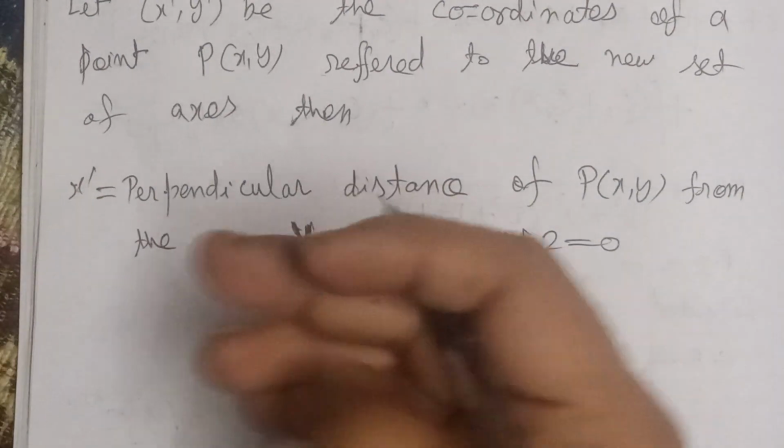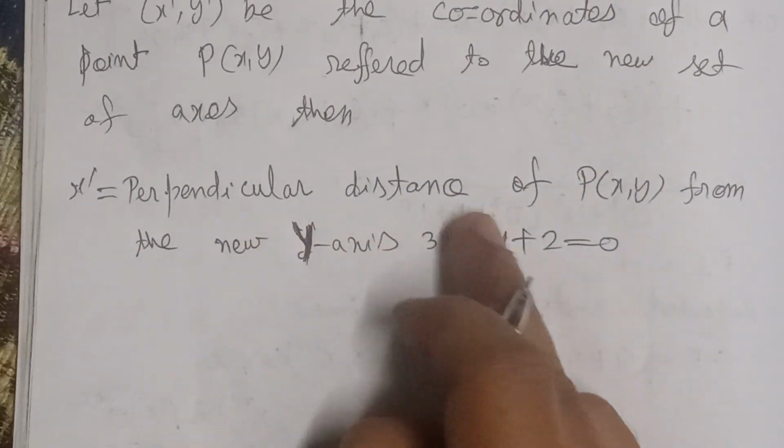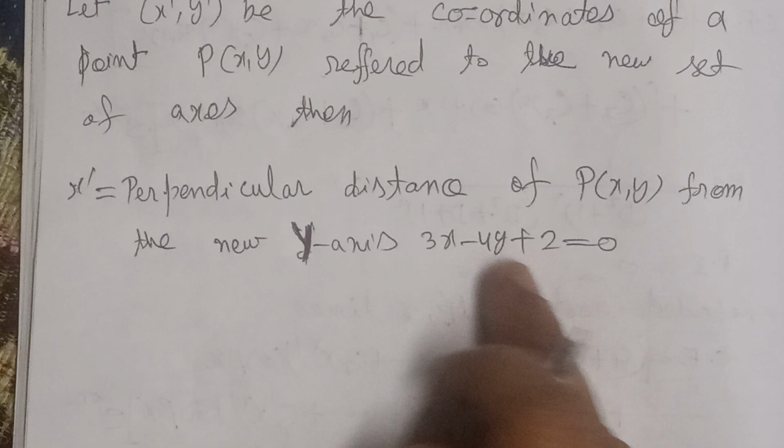X dash is a perpendicular distance from point P to this line.